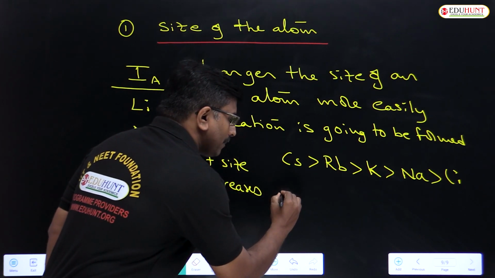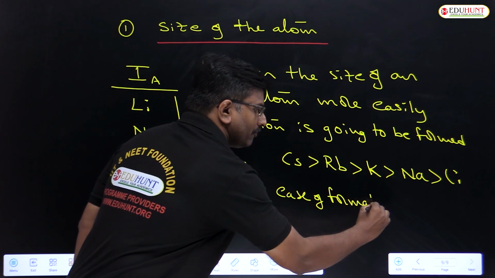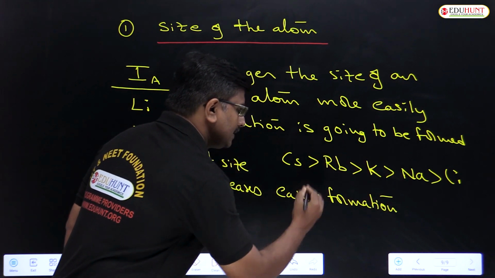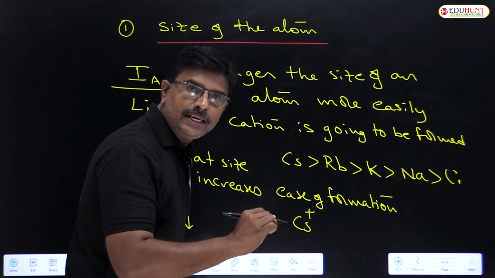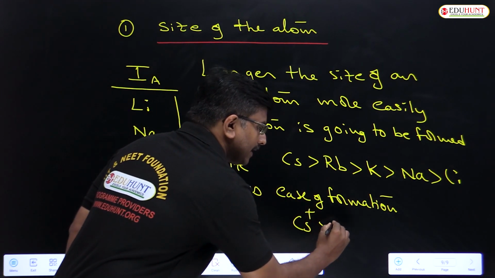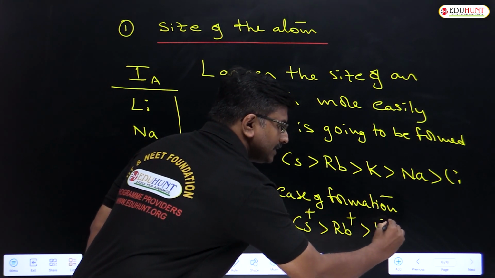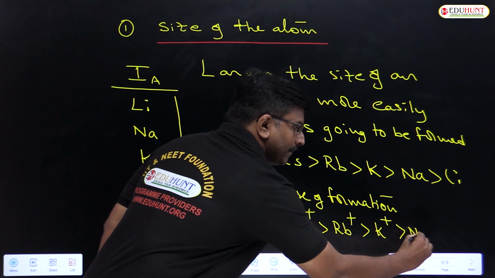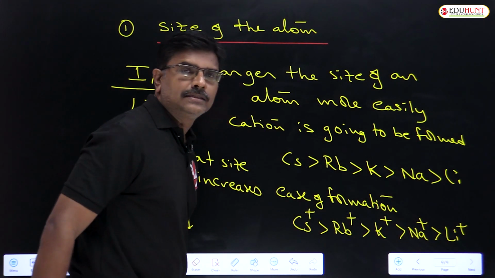So ease of formation is in this order only. Cs plus is easily formed, then Rb plus, and Rb plus is more easily formed than K plus, then Na plus, then Li plus.